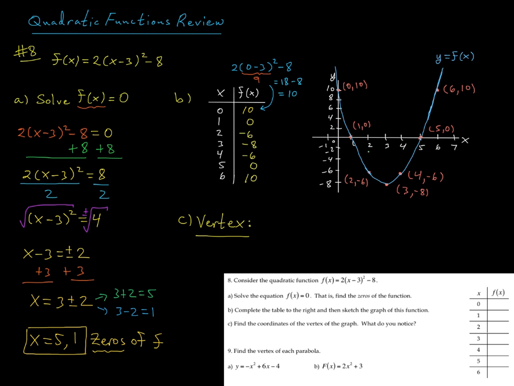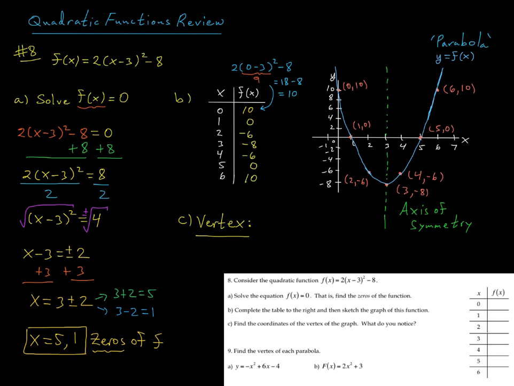Now this U-shaped curve here is known as a parabola. We see that our curve is symmetric about this vertical line. This line is known as the axis of symmetry for the parabola.